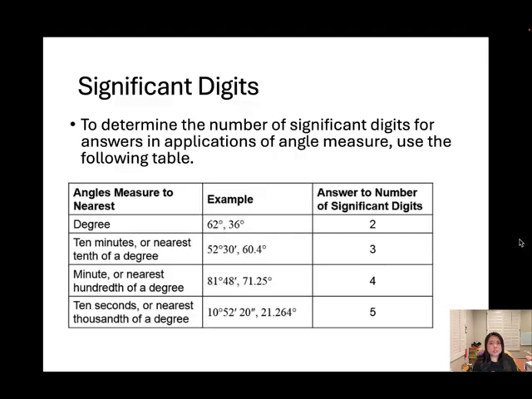To determine the number of significant digits for answers in applications of angle measure, use the following table. When we have 62 degrees and 36 degrees, both of them are non-zero numbers, so we have two significant digits.